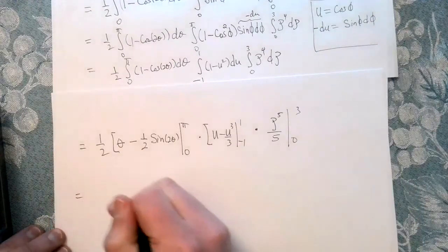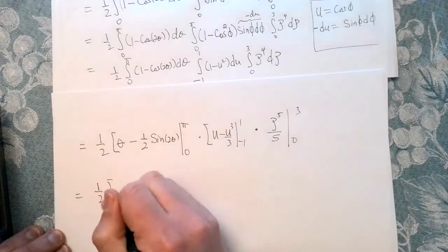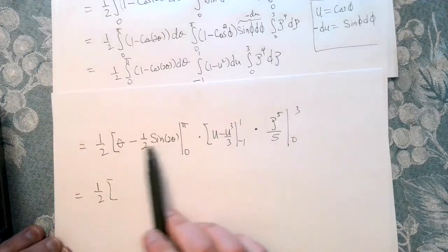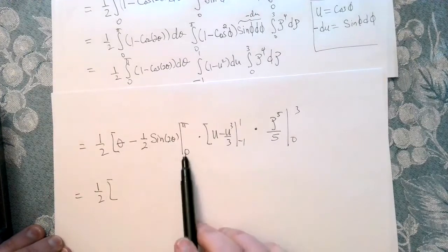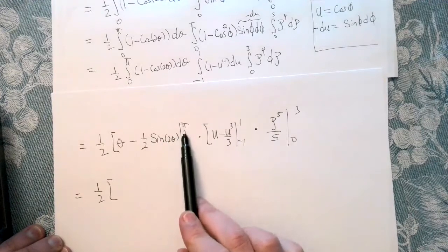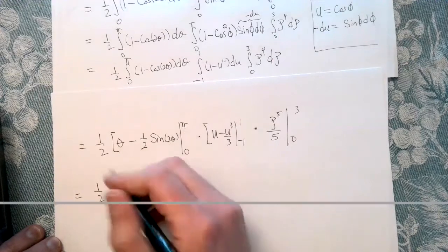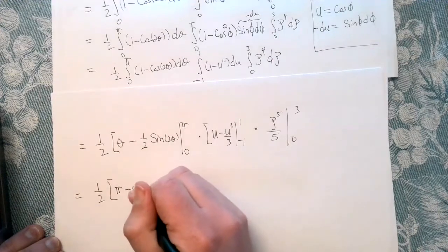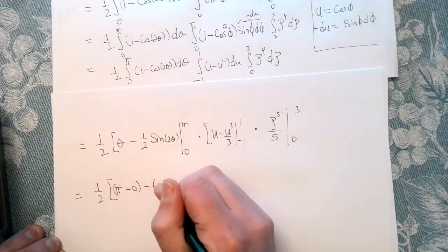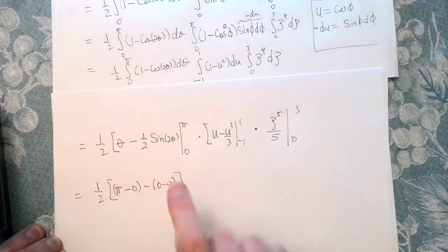And let's see how we do here. So I noticed that both of these will vanish at 0. And I actually noticed that this will vanish if I plug in pi because I'll have sine of 2 pi, which is 0. So I only get a contribution here at pi because I'll have pi minus 0 minus, well, 0 minus 0. So that's not too bad.